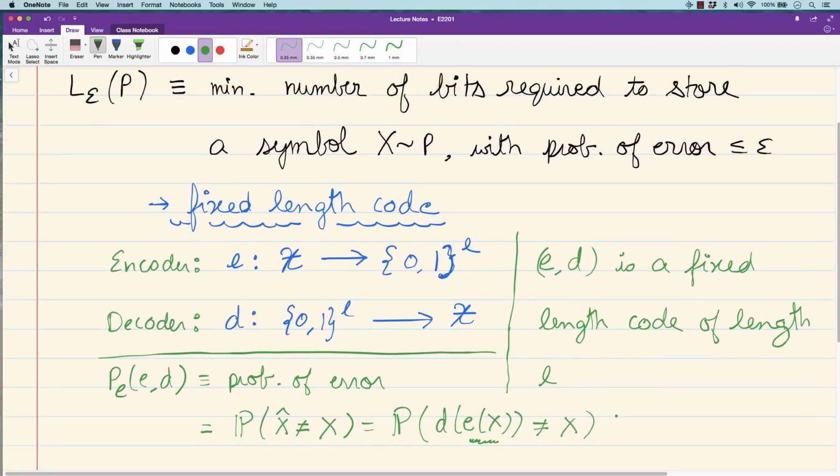So in this language, L epsilon P is the minimum length of a fixed length code.